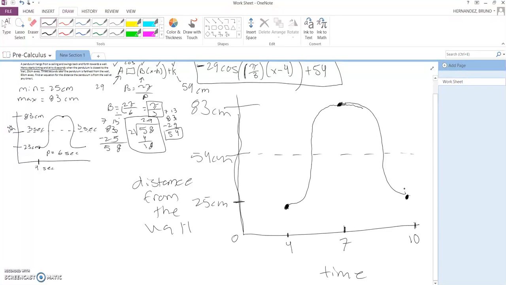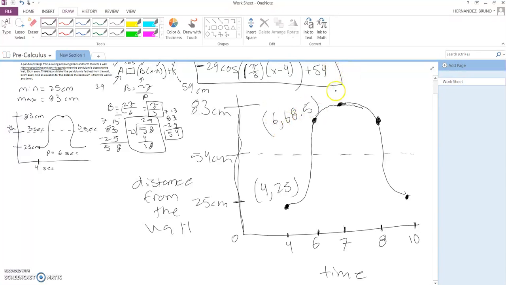So now that that's done, we can put our middle one, which is 8. This one could be 6. Our point could be here. Another point could be here. Our first point is 4, 25. This will be 5, 68.5.